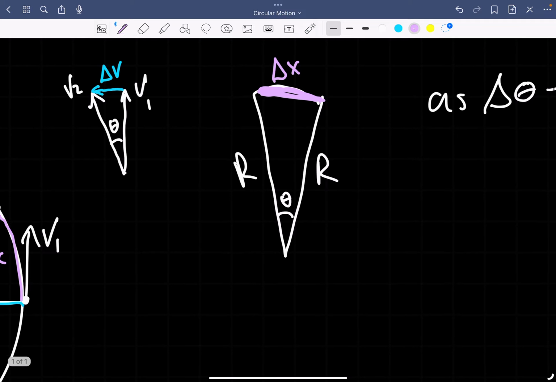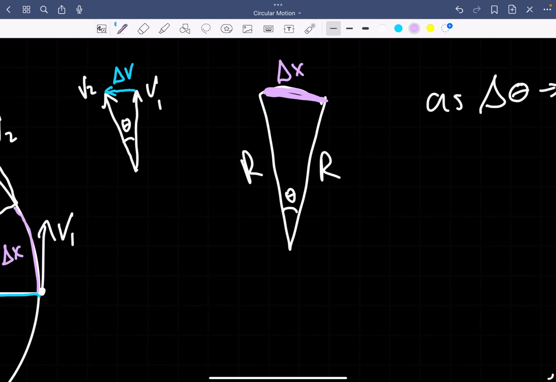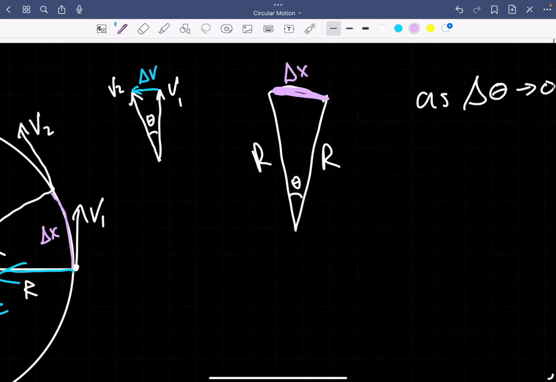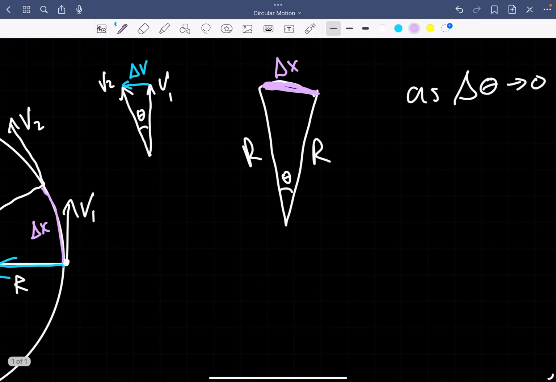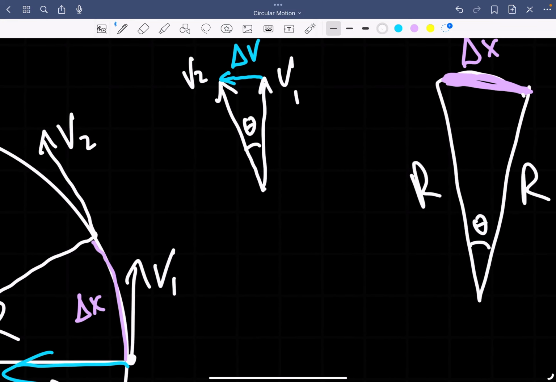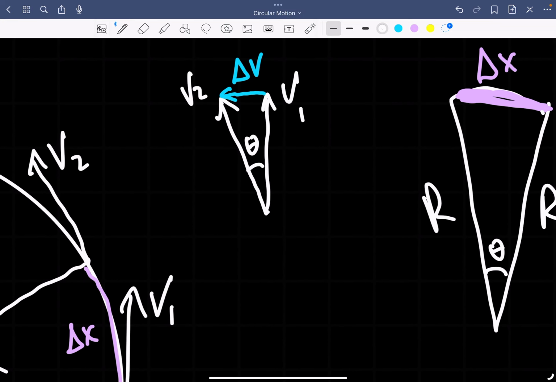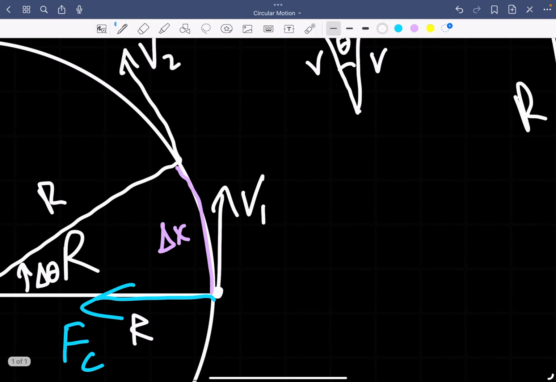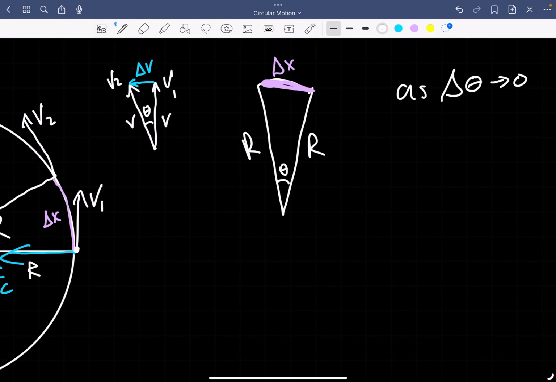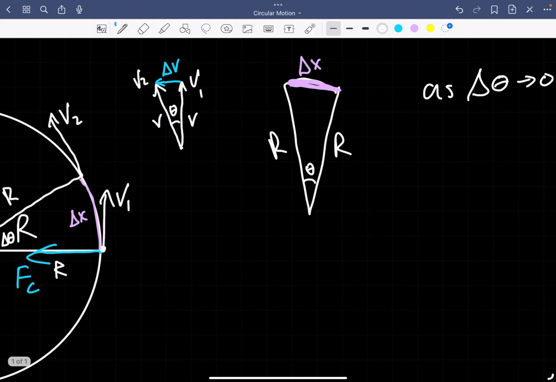And what that gives us is two similar triangles. Let me label one more thing: the magnitude of these velocity vectors is going to be v, which is the common, constant speed that the object travels at.